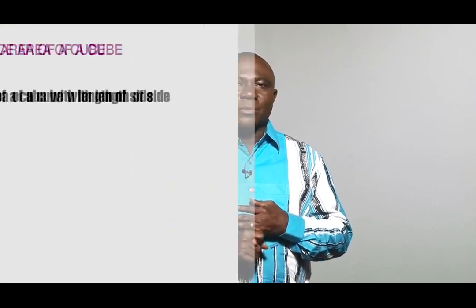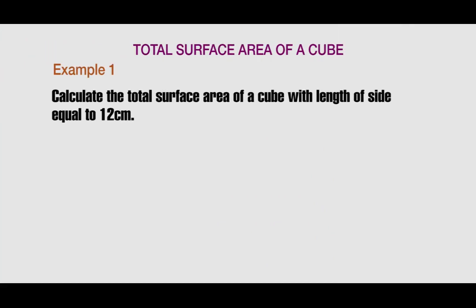Let's look at an example. Calculate the total surface area of a cube with length of side equal to 12 centimeters. In this question, we can just use our formula where we say the total surface area is 6 multiplied by the side squared.